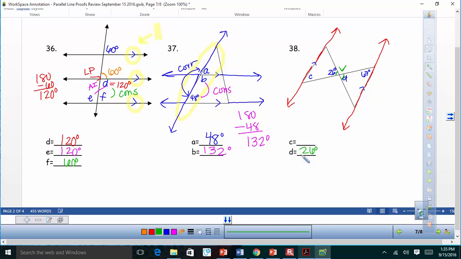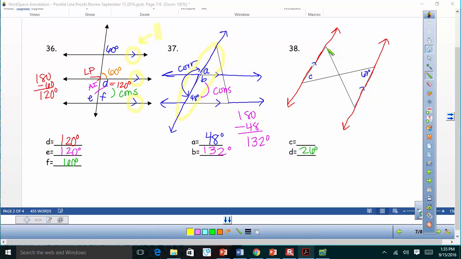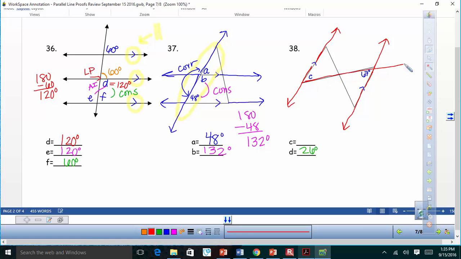Okay, and so for the purposes of just being able to see, I'm going to go ahead and erase that. Now, this line doesn't have anything on it, right? Okay, but my other line has C and 67, right? So I'm going to treat that as the only transversal because that's the only one that matters.